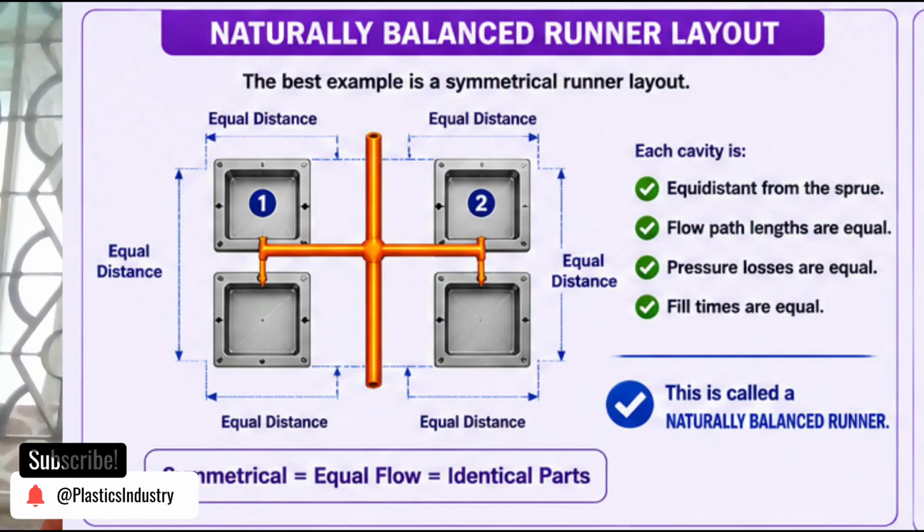Naturally balanced runner layout. The best example is a symmetrical runner layout. Each cavity is equidistant from the screw. Flow path lengths are equal. Pressure losses are equal. Fill times are equal. This is called a naturally balanced runner.